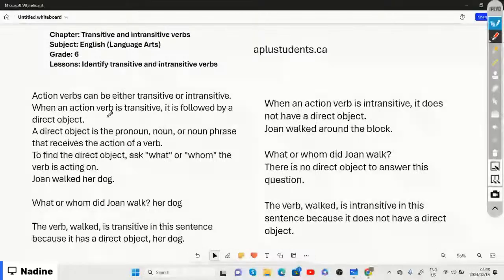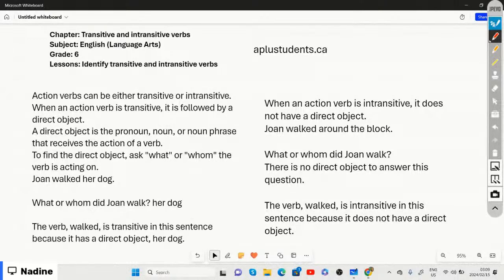And when an action verb is transitive, it is followed by a direct object. And a direct object is a pronoun, a noun, or a noun phrase that receives the action of the verb.